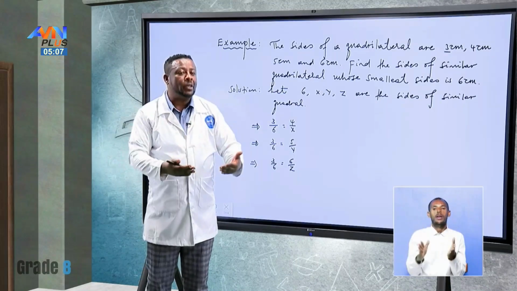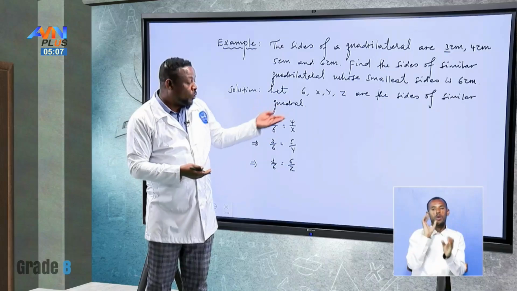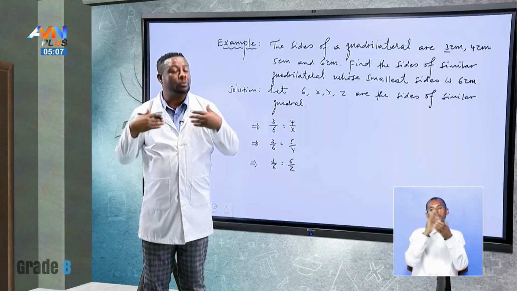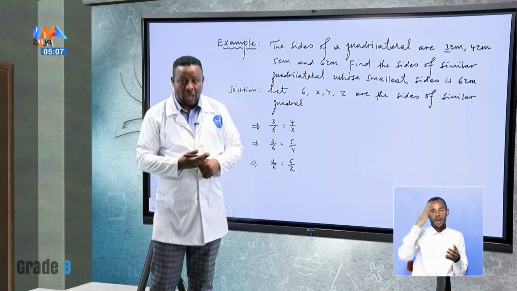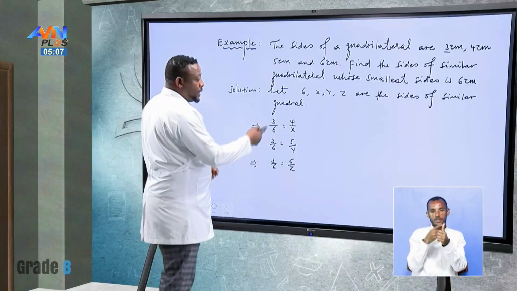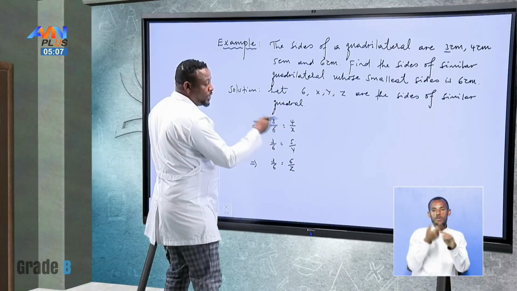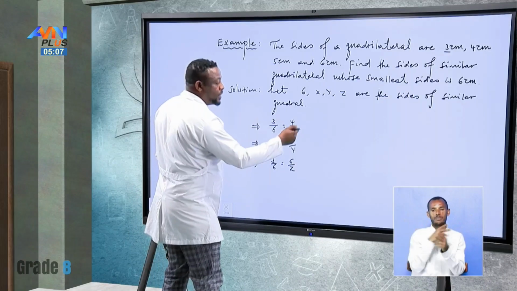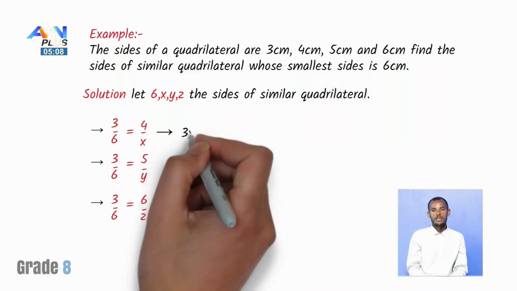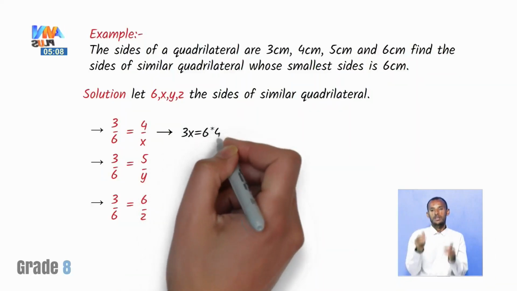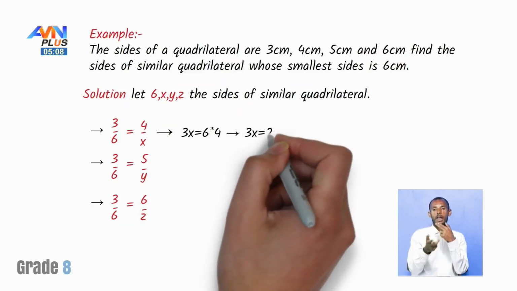So this happens because of the definition of similar polygons. So the next step is you need to calculate all these equations and obtain the unknown variables. Okay, take the first one. From the first one, you can crisscross it. 3 times x must be the same as 6 times 4.